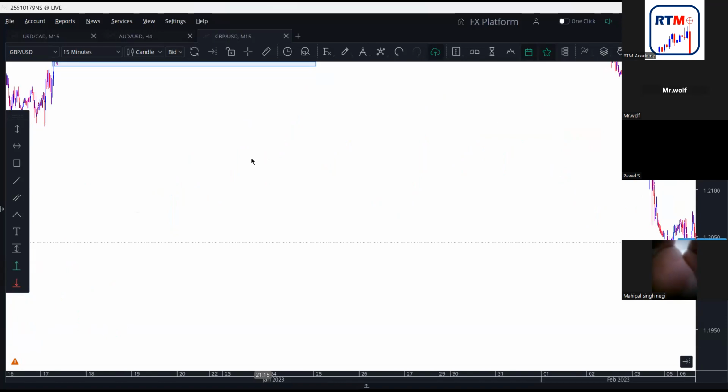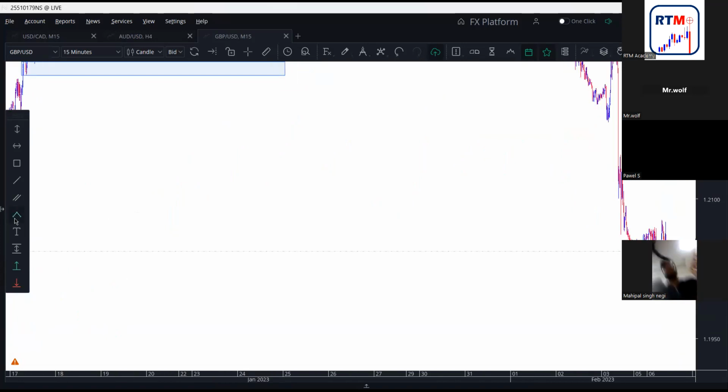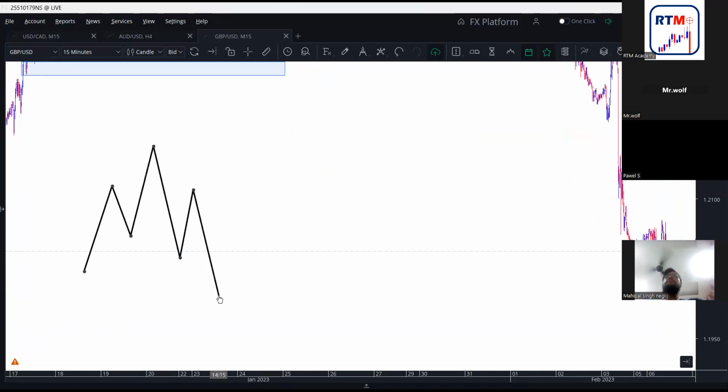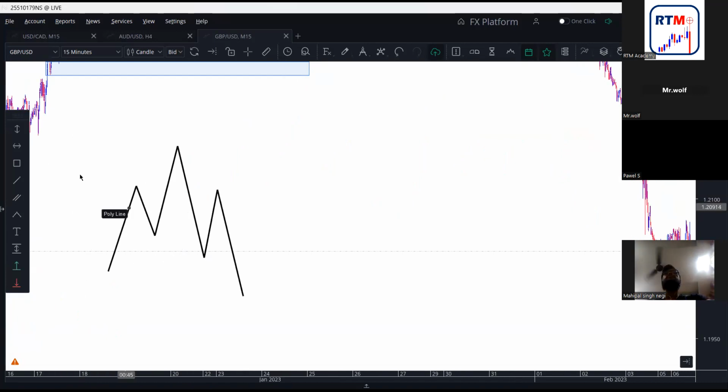And what is the flag and flag limit, and a brief expression about the QM. QM is one of the most important things in RTM. So we have a high, low, higher high, and lower low. But sometimes you will see that here we have plenty of highs, and you don't know which one is the high of this QM.